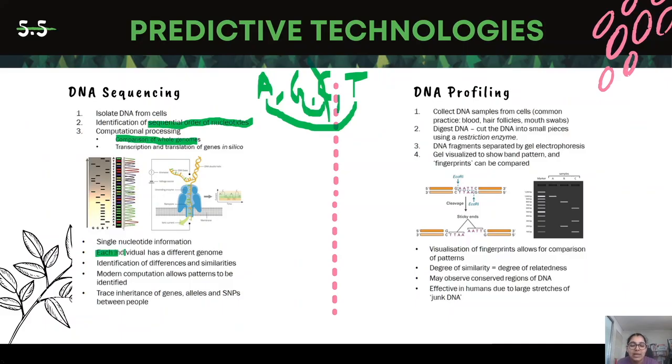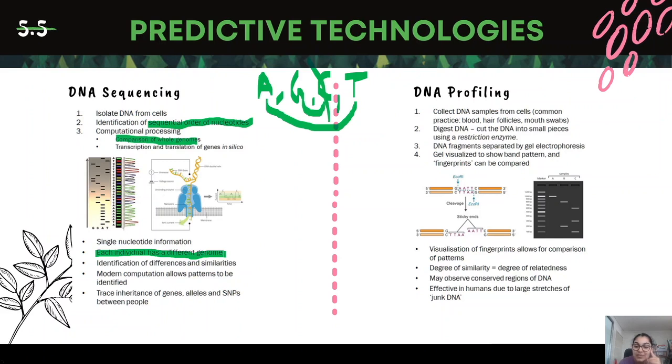Remember that each individual has a different genome, but there are lots of similarities between every human. We do have parts of the DNA that are unique to us, otherwise we'd all be the same. So we obviously have that diversity.